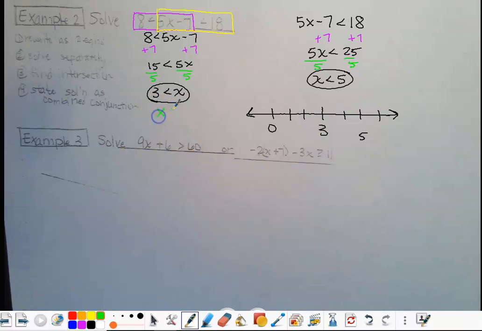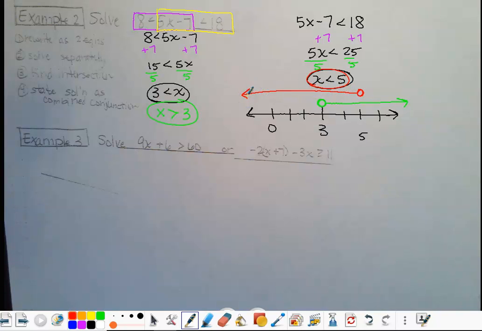It might help if I read this as x is greater than 3, because that's what I want to know. So I'm going to draw an open circle, and x's are greater than 3. I just reversed that first one so my x came first. It helps my brain work, and it might help your brain work too. The next one says x is less than 5. So at 5, we have x is less than 5.